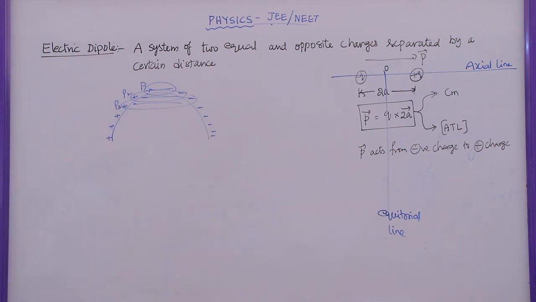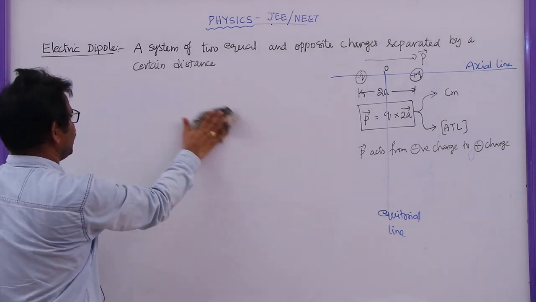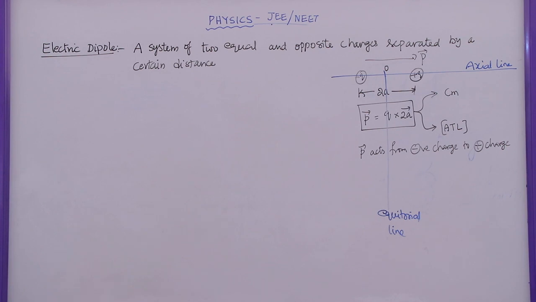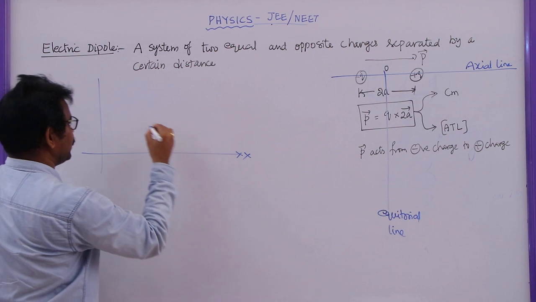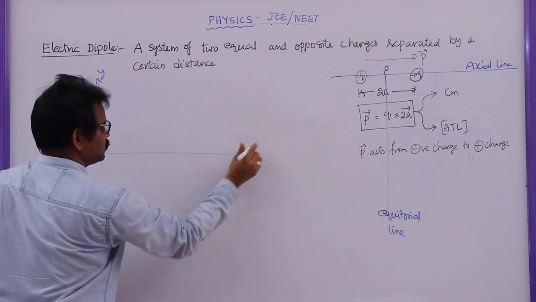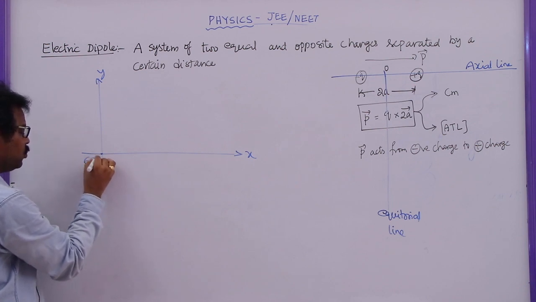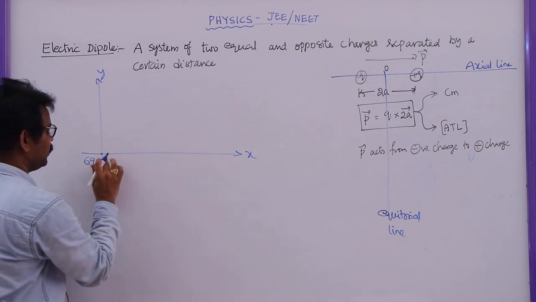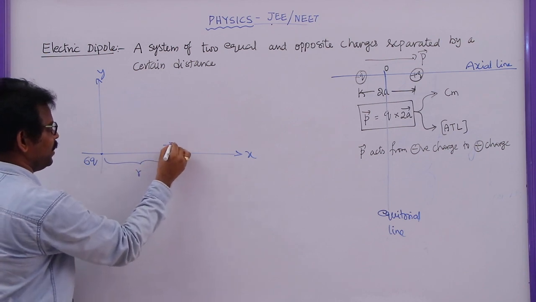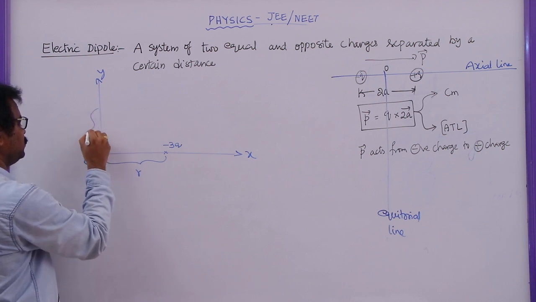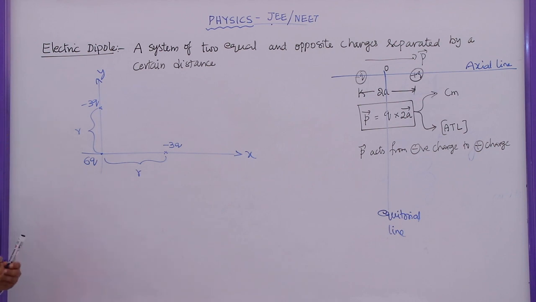Now if you take two different charges whose magnitudes are not equal, let me take an x-axis and y-axis. Here I have taken 6q charge at the origin, and at a distance of, let us say, r, I have taken minus 3q, and at the same distance r here I have taken minus 3q.